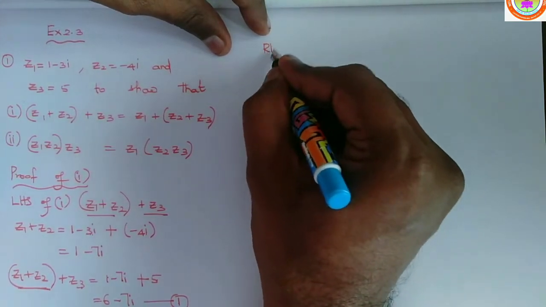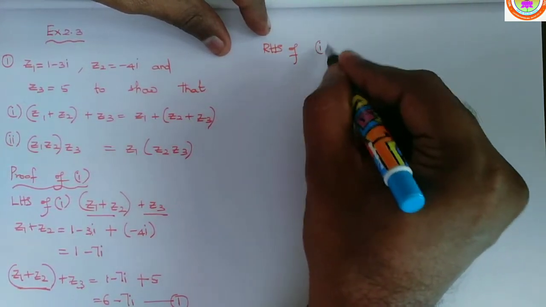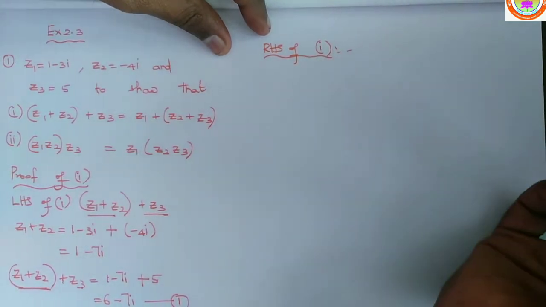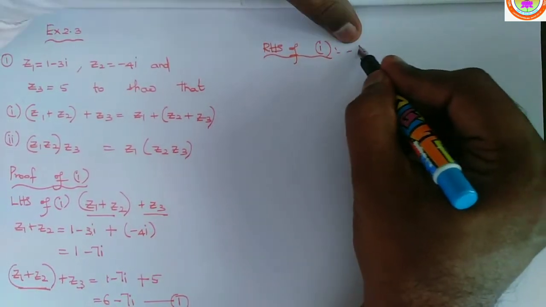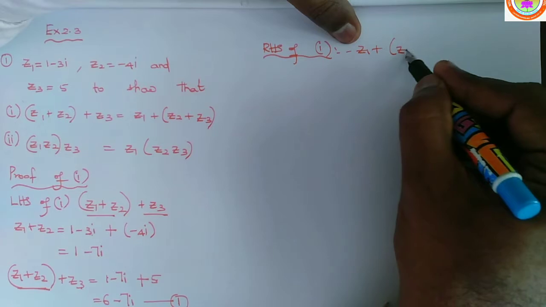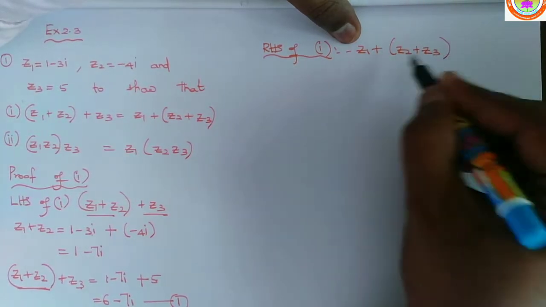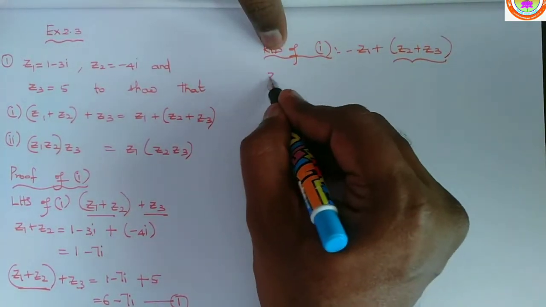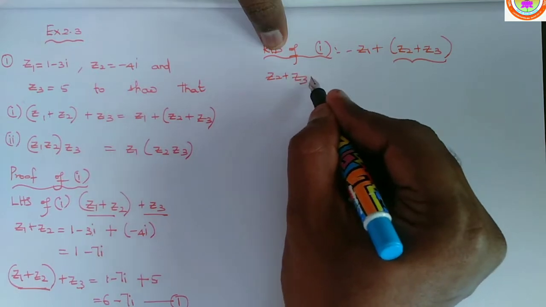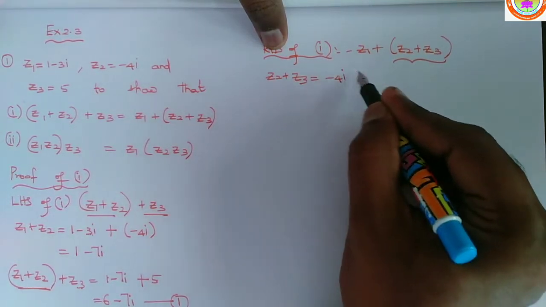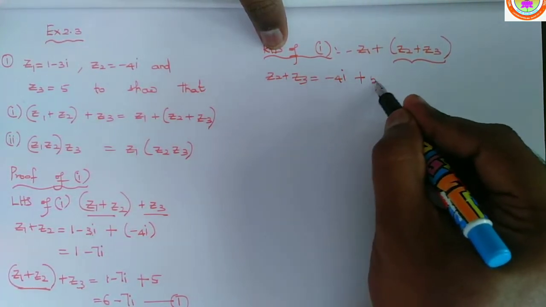Next, RHS of subdivision 1 is Z1 plus Z2 plus Z3. First we find the bracket, Z2 plus Z3. Z2 is minus 4i plus Z3 is 5.